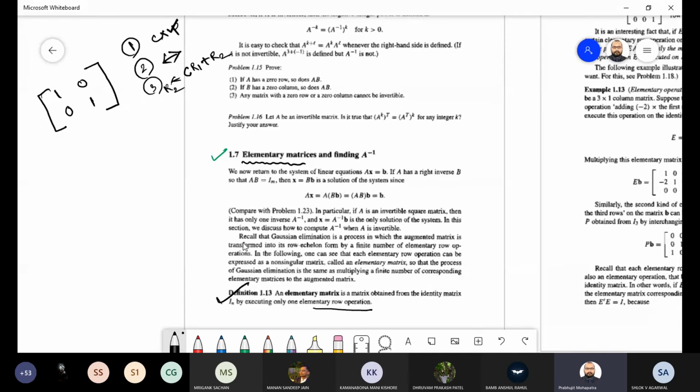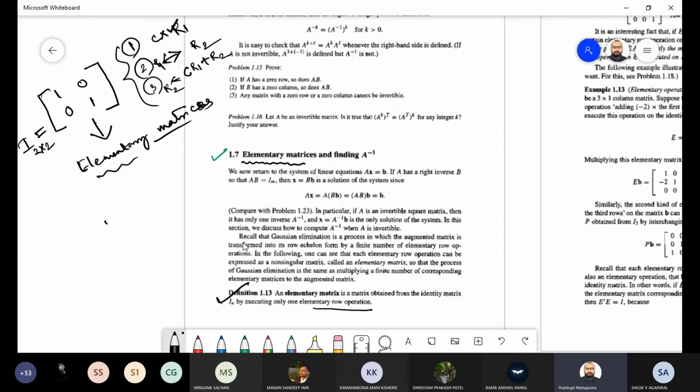You can do R1 or R2, anything. You can interchange any two rows. If you are doing these three operations, you can do multiple operations also. The matrices that you will get are all called elementary matrices. Any row operation you do on the identity matrix I, 2 by 2, forms an elementary matrix.